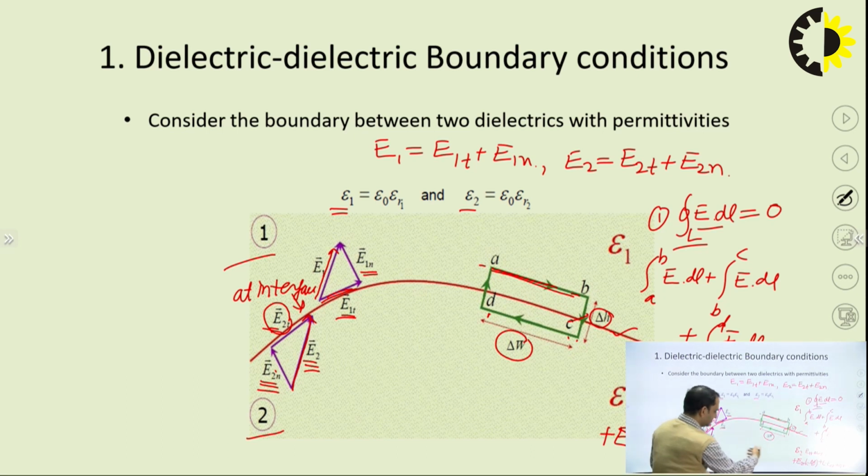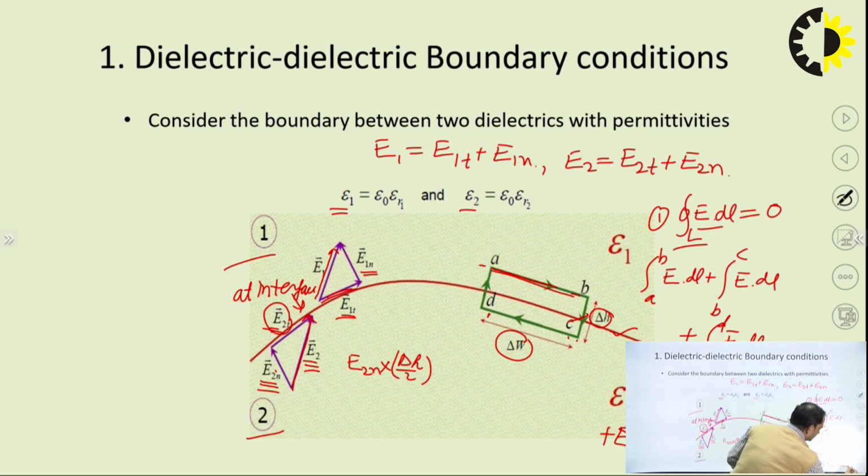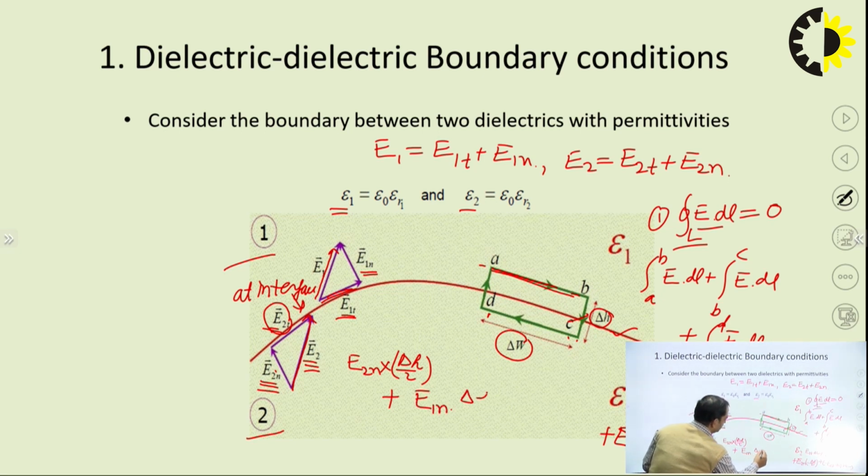So D to A means E2n into delta H by 2, both in the same direction, plus in the second half E1n into delta H by 2. The total is equal to 0.